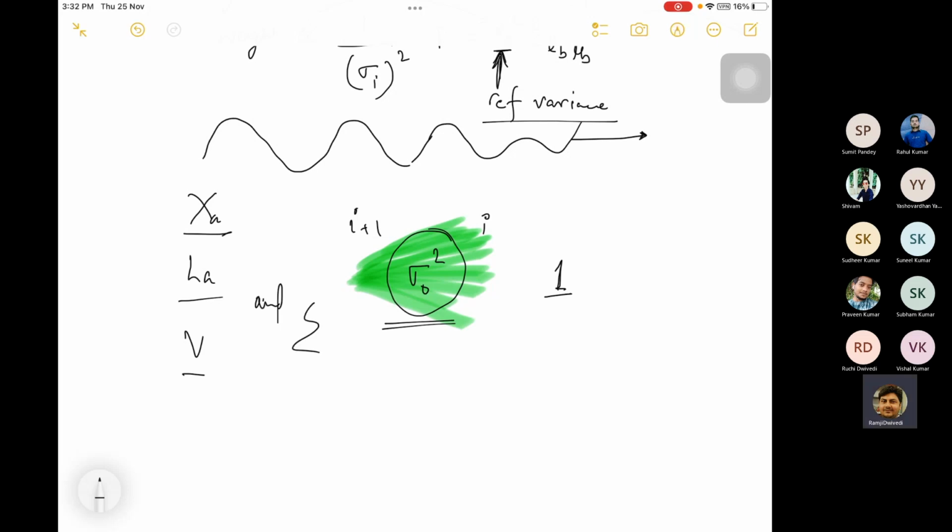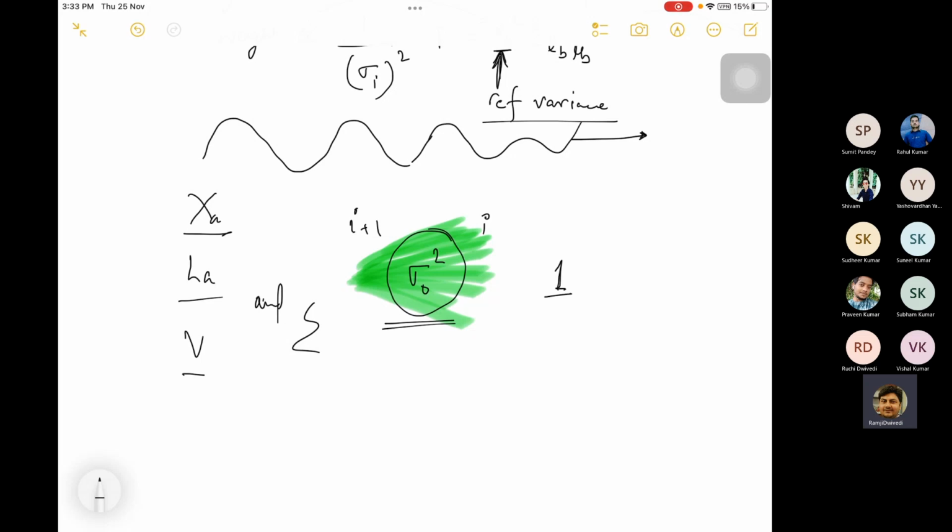Okay, so that you can easily prove, there is no issue in that. What is more important is what will happen if you choose or provide a value different than sigma naught square.